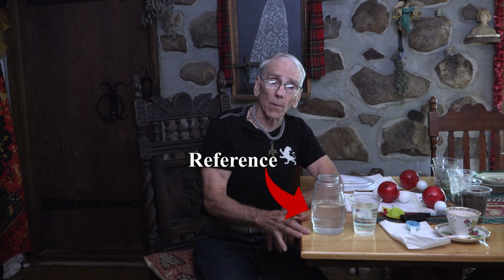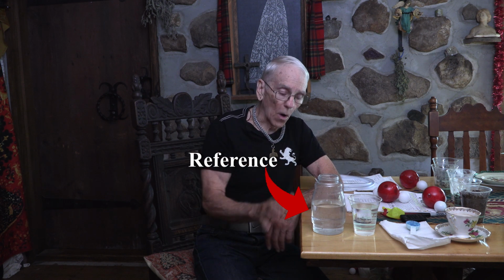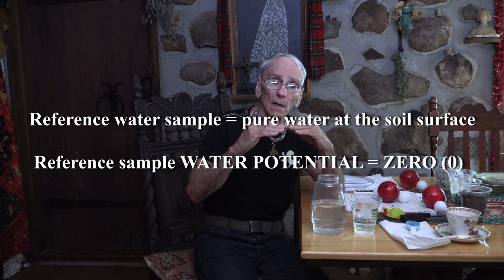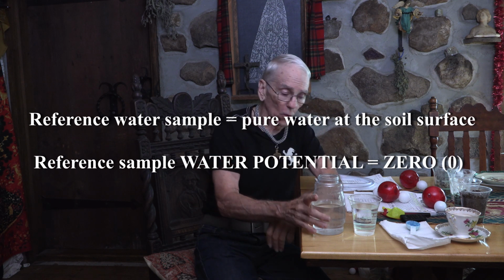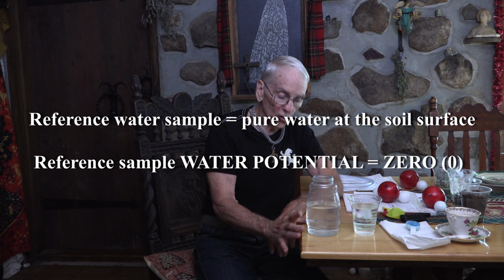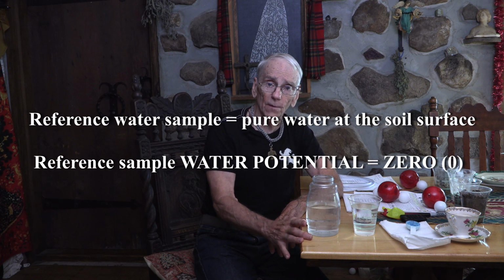So we have water sitting here, pure water, in a glass container, and we can call this the reference point. When we talk plants, the reference water is going to be pure water at the surface of the soil level in our grow medium or our garden. So first thing, water potential, pure water, we need a reference, and it's going to be at the level of the soil surface.